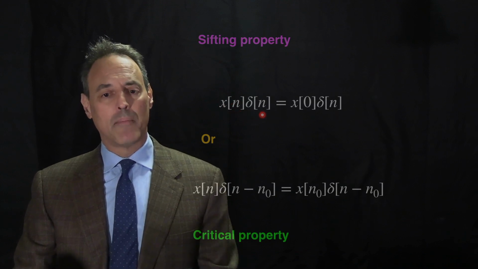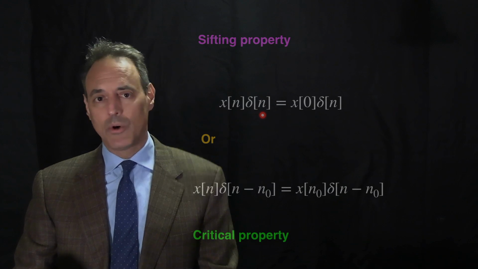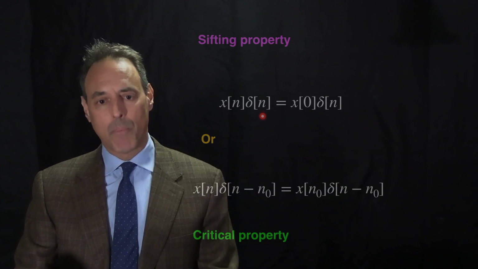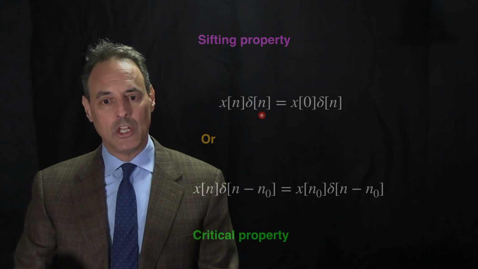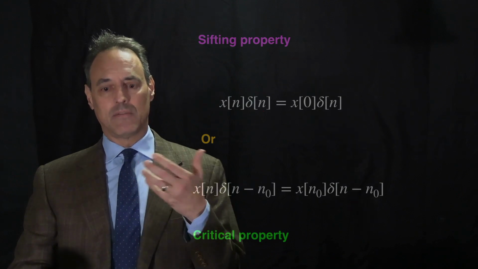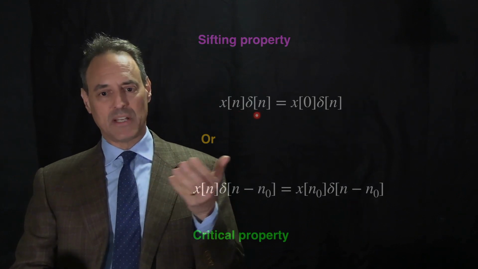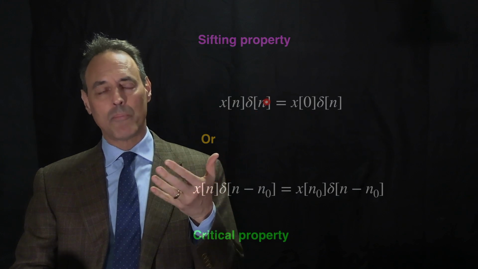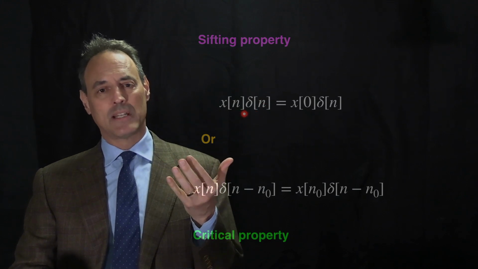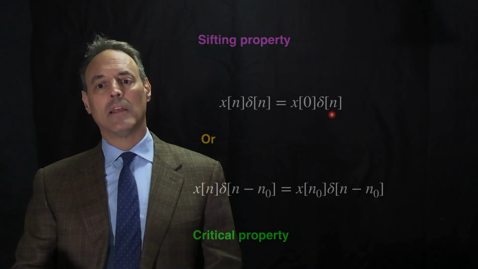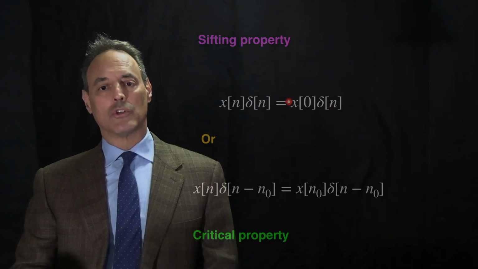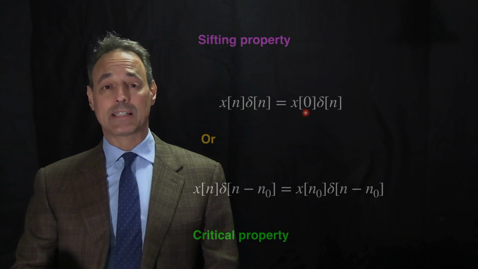And I'm going to multiply it by this function here, which is 0 everywhere except at n equals 0. If I multiply any value here by 0, it's of course 0. So the only point that contributes to something that is not 0 is when n is equal to 0. And so you can think about this as only sifting out the value of x at 0 itself.